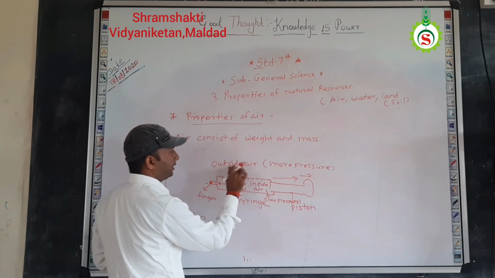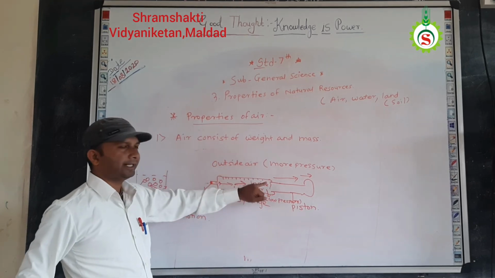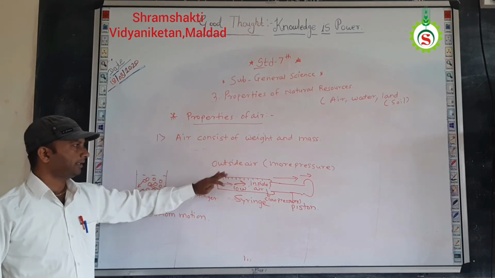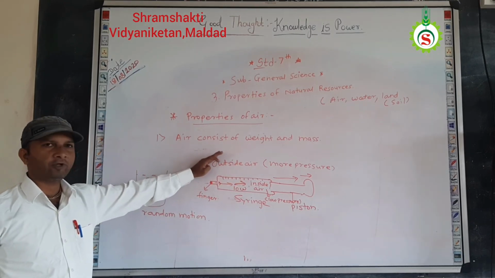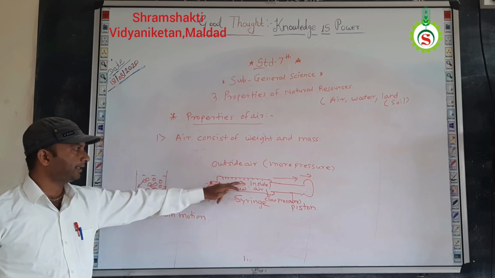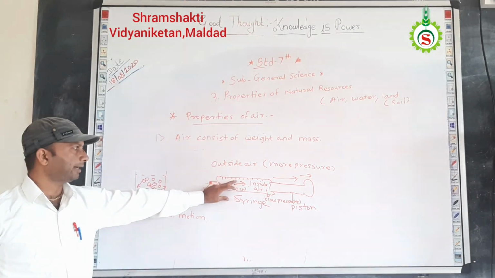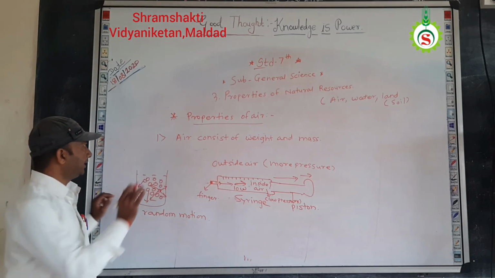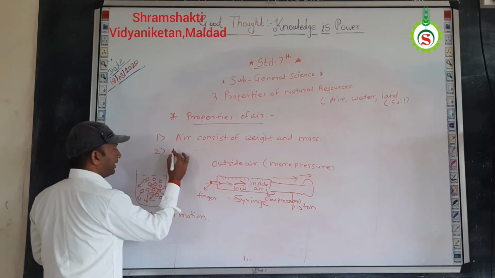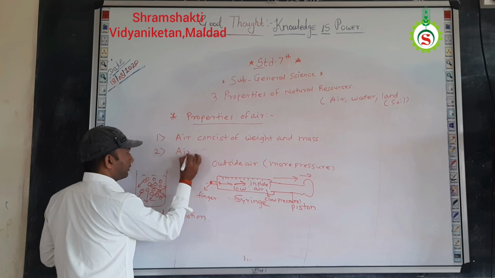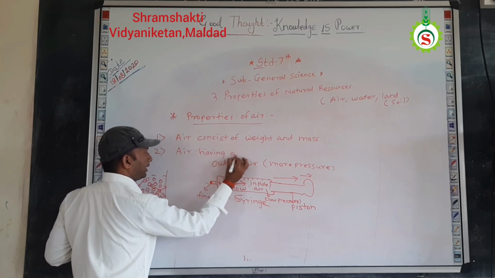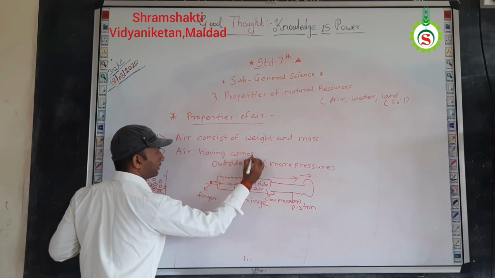So the air outside the syringe has more atmospheric pressure, and the air inside the syringe has less atmospheric pressure. So this is the second property, that air has atmospheric pressure.